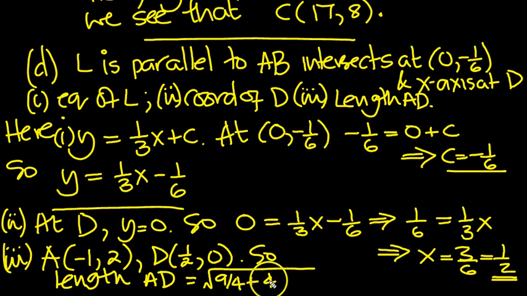So you get 4 plus 9/4, which is 16/4 plus 9/4, which is 25/4. So it's the square root of 25/4, which is 5/2. There we go, I squeezed it in just at the bottom of the page.